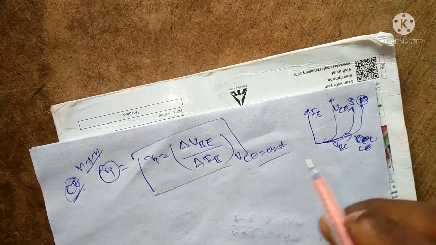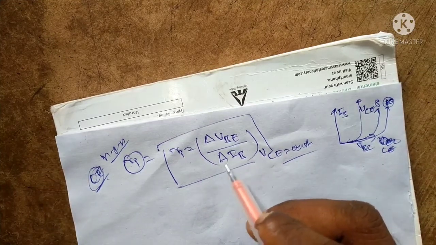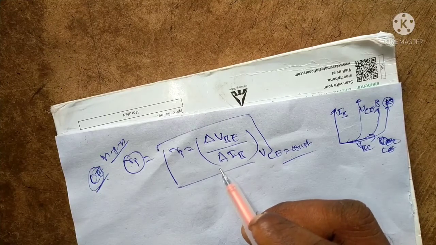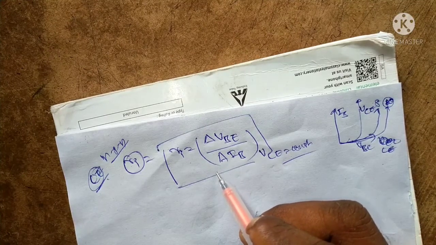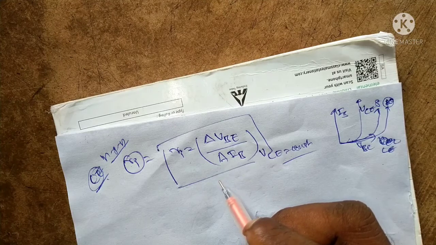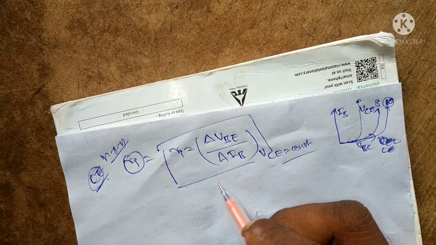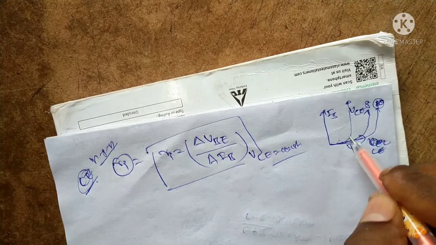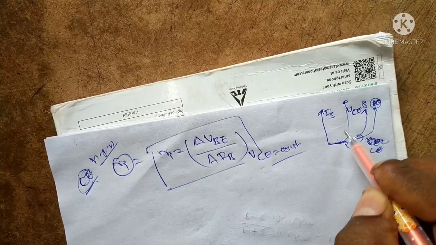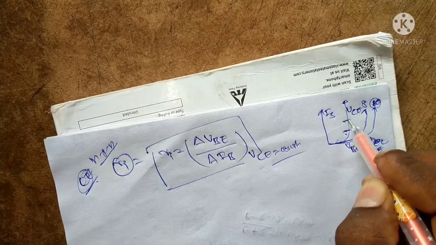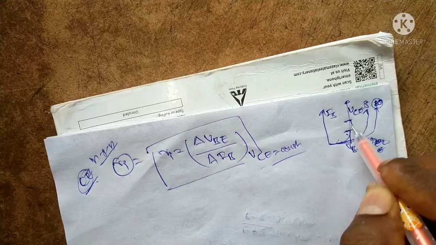Now we will discuss the input characteristics of the CE configuration. We can also take the tangent slope like this.